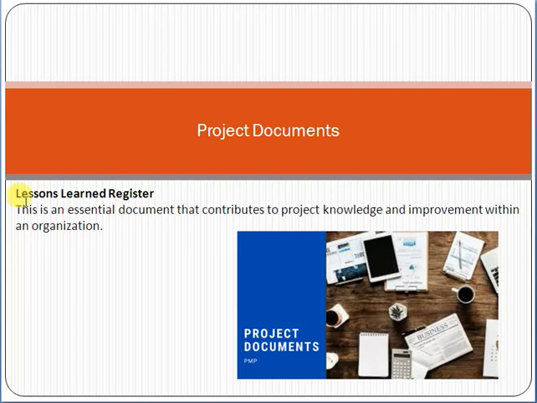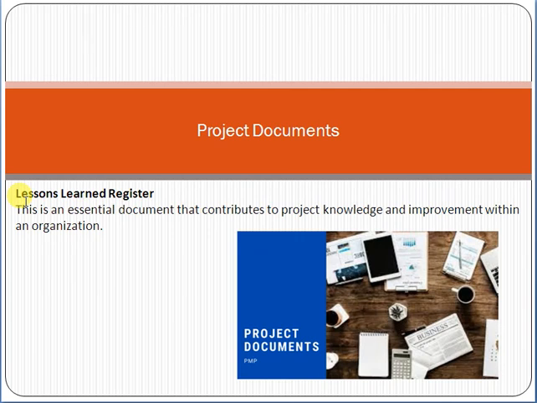Then another very important document is called the lessons learned document. Normally we make this document at the end of the project, that is, when we are ending or closing the project. The purpose of this document is to describe anything which goes wrong and anything which goes well. We have to mention it properly in this document.